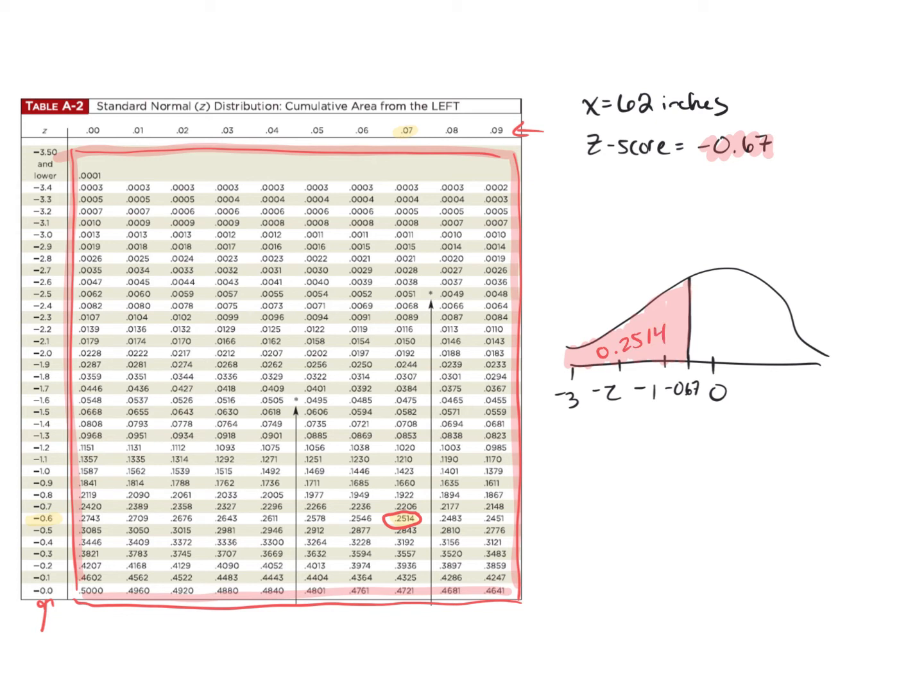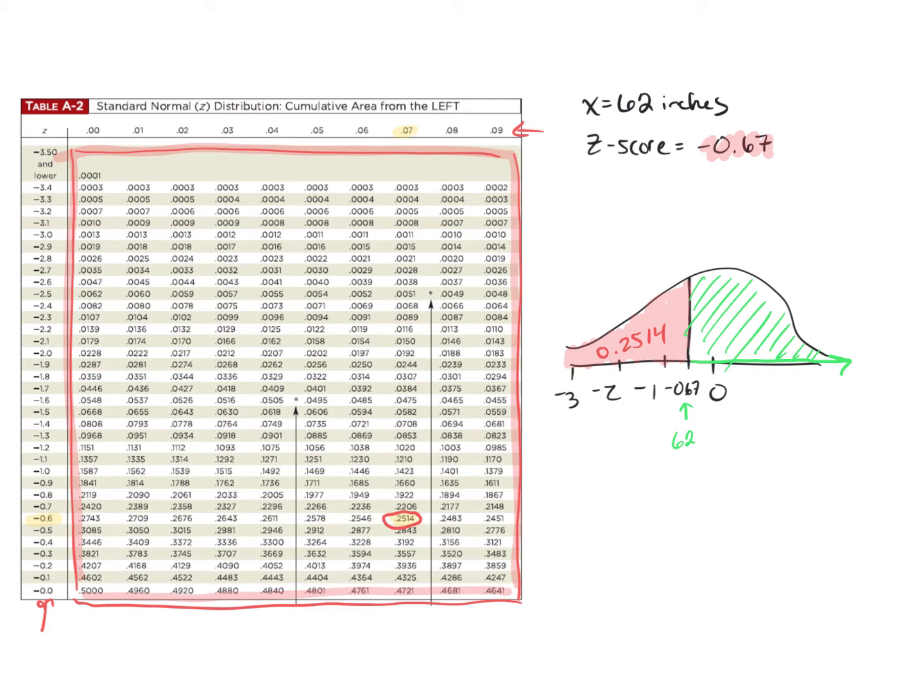So the area to the left of a z-score of -0.67 is an area of 0.2514. Now remember the question that we were trying to answer was we wanted to know what is the probability that the height of a randomly selected female is going to be greater than 62 inches. Greater than 62 inches means the area to the right of that z-score of -0.67. The table gives me the area to the left, but I know that the total area under the curve equals 1.